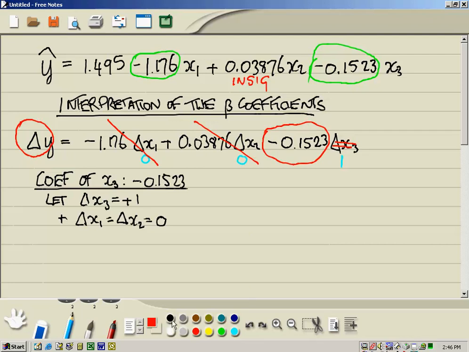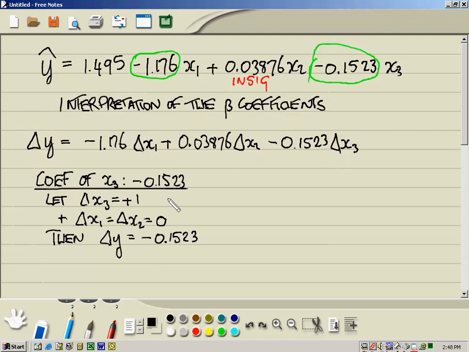So we've separated out that particular number. So we'll let these things happen, then delta y is equal to the negative 0.1523.